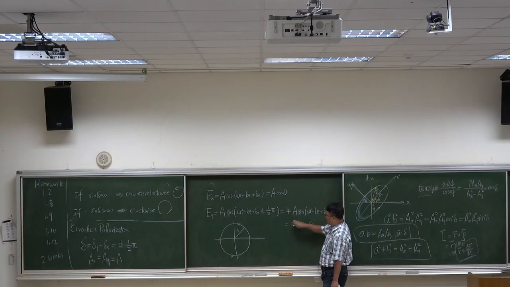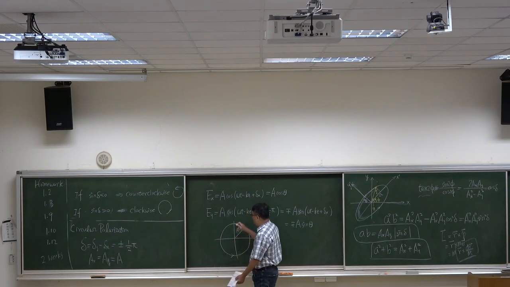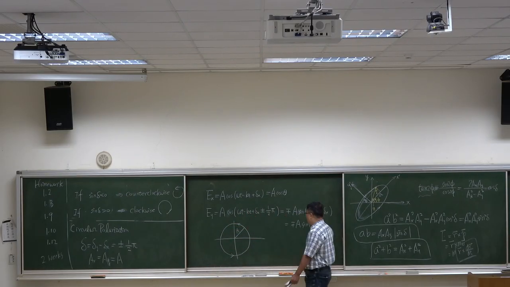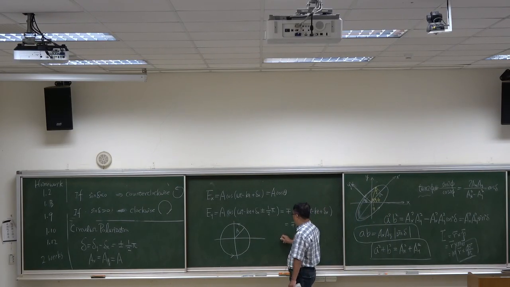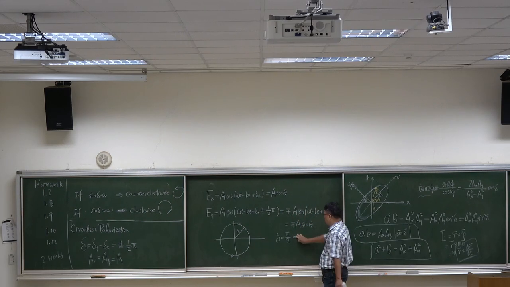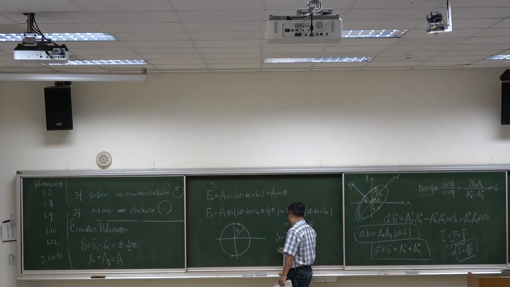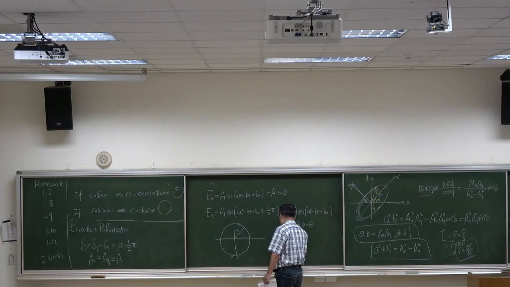And if we have a negative sign, then the trajectory is still a circle, but the revolution is clockwise. Okay. So for delta equal to half pi, we have clockwise, because now sine delta is equal to 1, which is positive. So we know it is clockwise revolution.